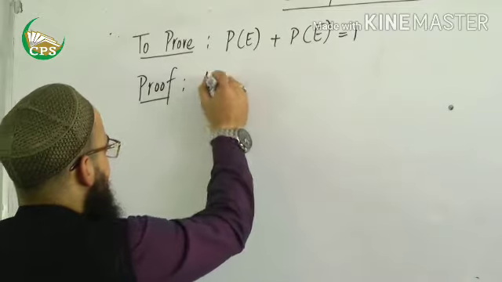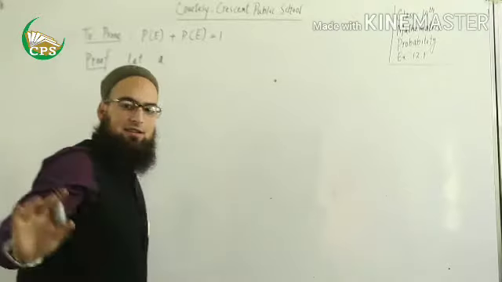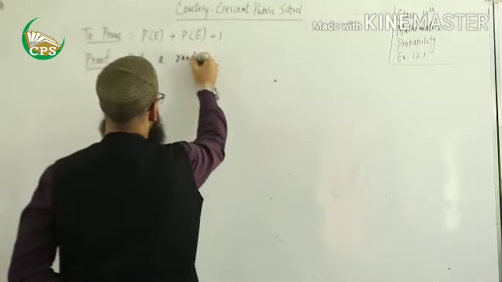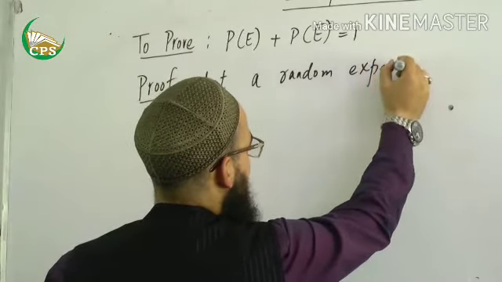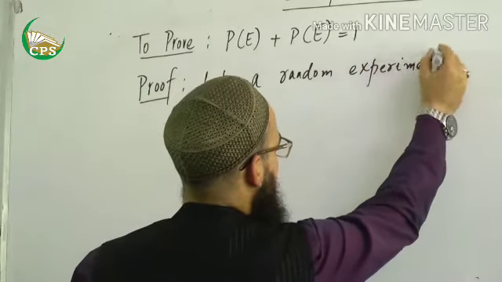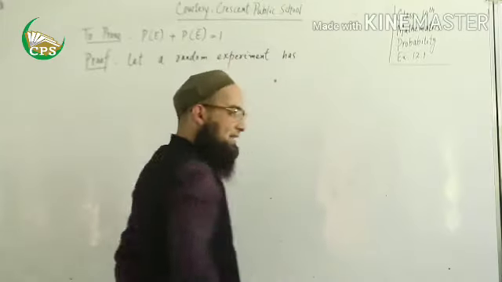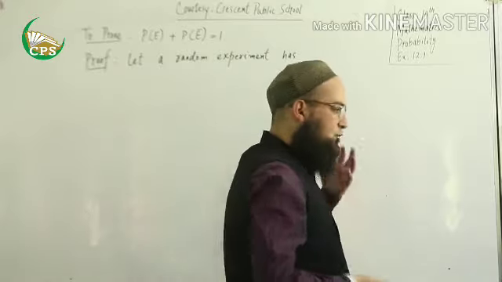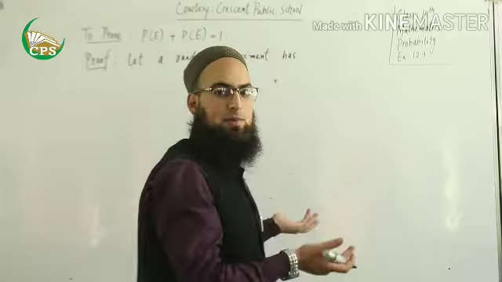Let us consider a random experiment. Now since it's a random experiment, there must be a number of sample points in the sample space of the experiment.